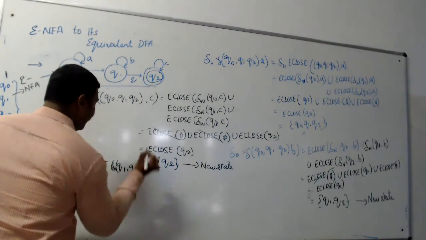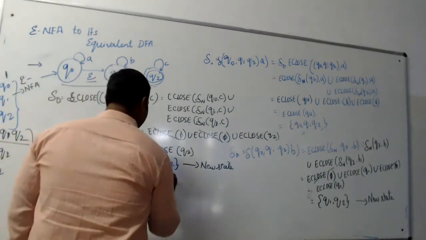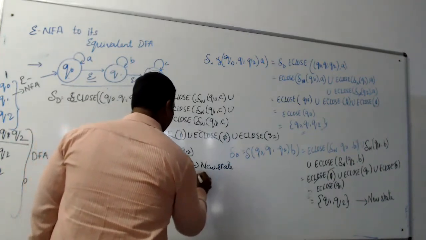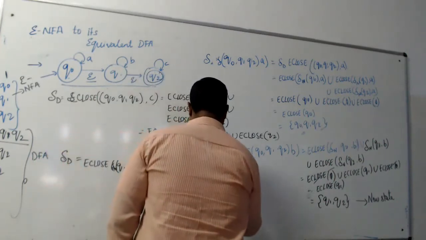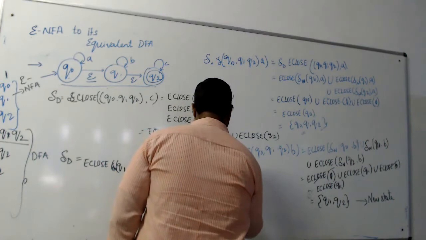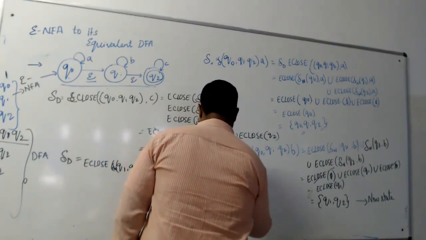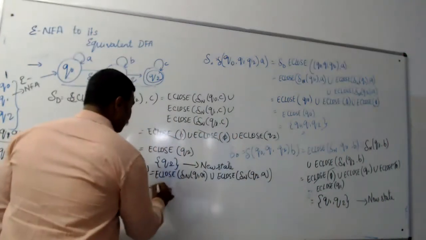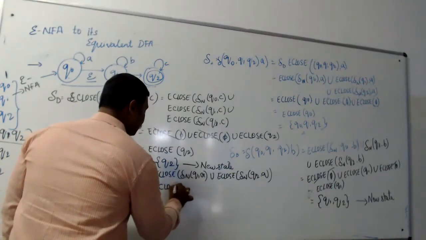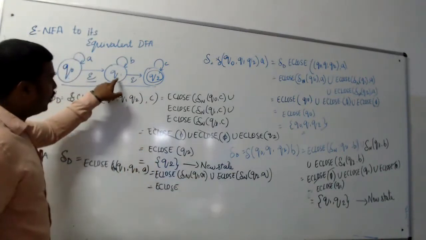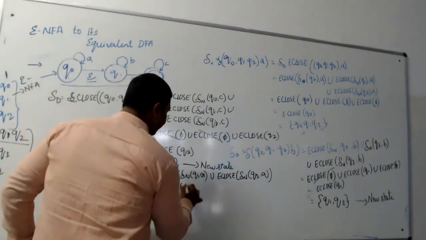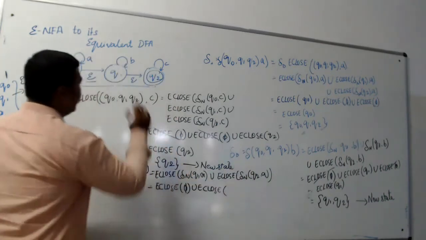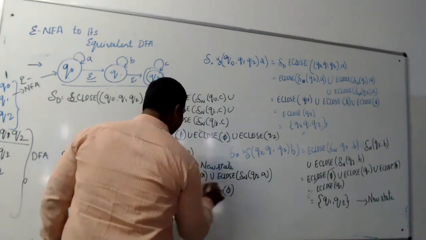Q1, Q2 on A. So this will be E close of transition of NFA upon Q1 on A, union E close of transition of NFA Q2 on A. So E close of Q1 on A is null, union E close of Q2 on A is again null.